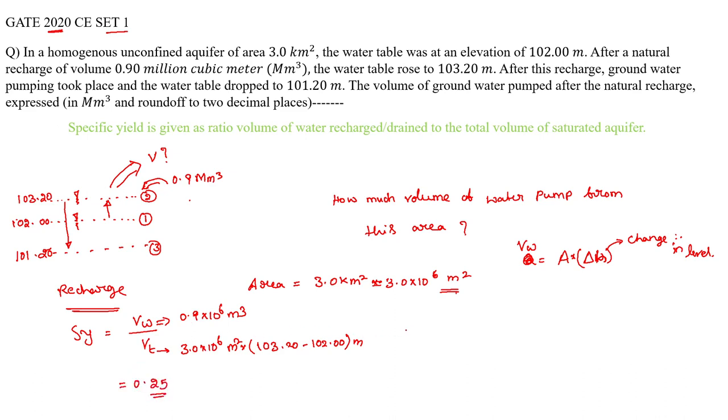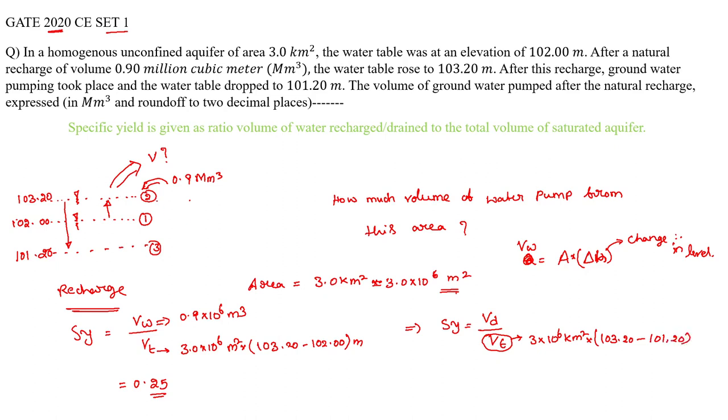Now we will use this specific yield and calculate the volume of water drained from the total volume of the saturated aquifer. So what is the total volume of the saturated aquifer here? It will be 3 into 10 power 6, the same area, into (103.20 minus 101.20).